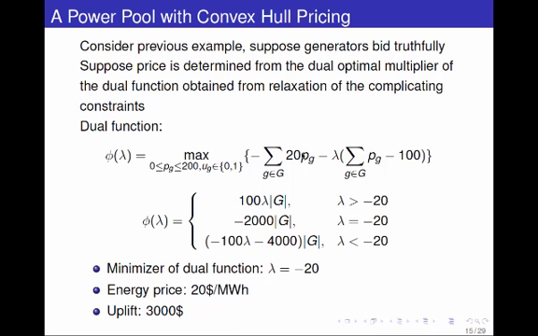The easiest thing to see is for lambda equal to minus 20. When lambda is minus 20, these terms and these terms cancel each other out, and you are left with 100 lambda summation over the generators.